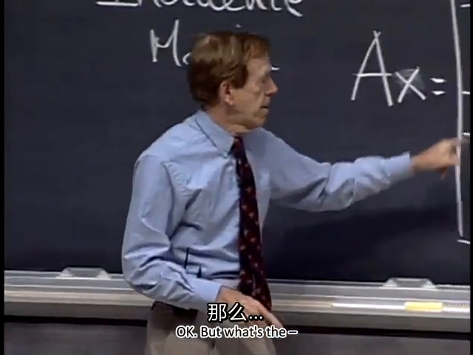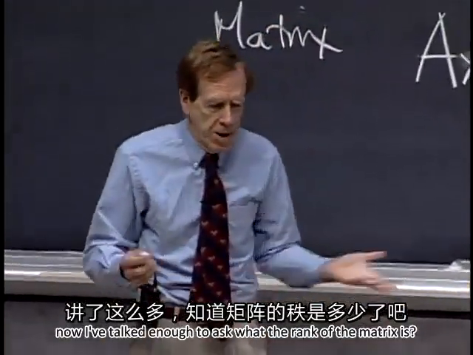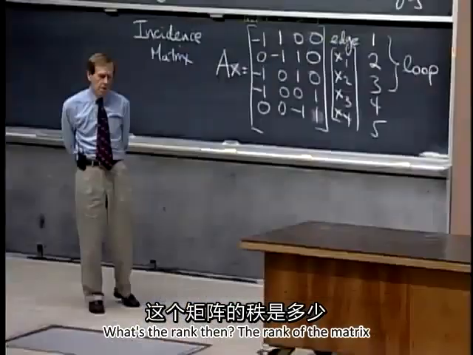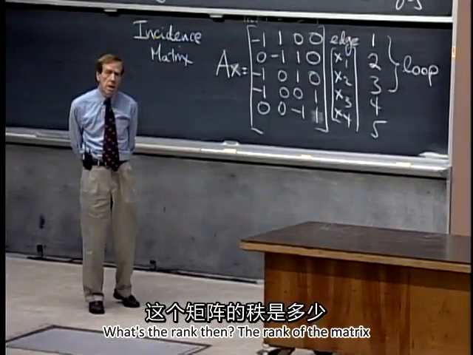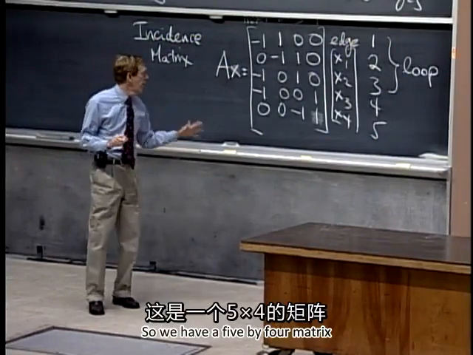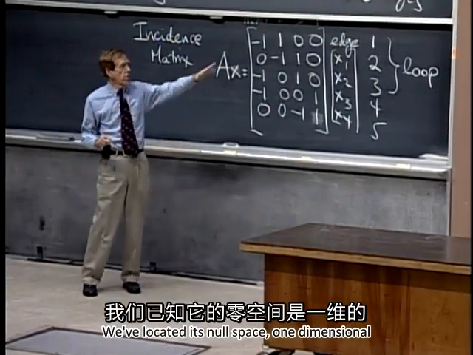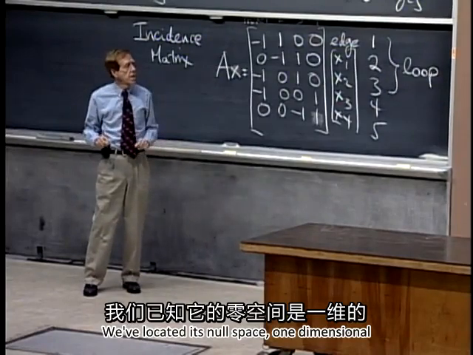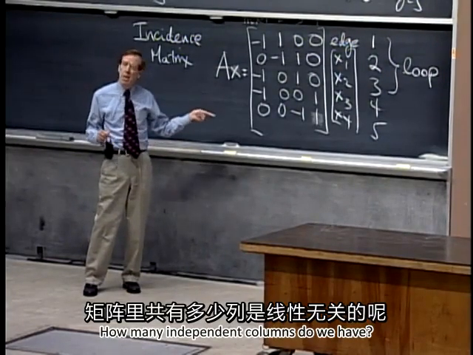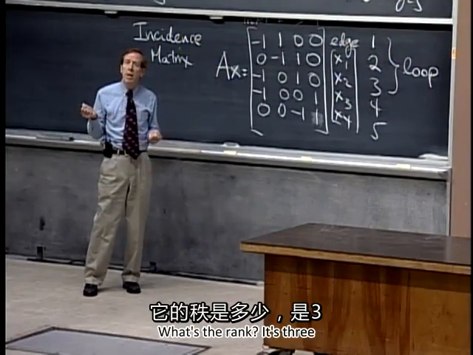Okay, but now I've talked enough to ask what the rank of the matrix is. What's the rank then? The rank of the matrix, so we have a 5 by 4 matrix. We've located its null space, one-dimensional. How many independent columns do we have? What's the rank? It's 3.